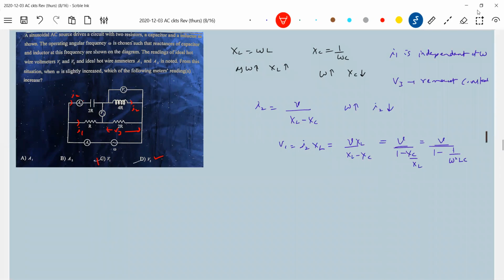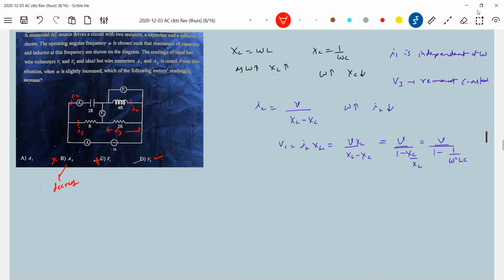So we will do one thing. A2 decreases. Okay, this decreases. So I cannot pick up this one. This also decreases. What about A1? Anybody? Constant.